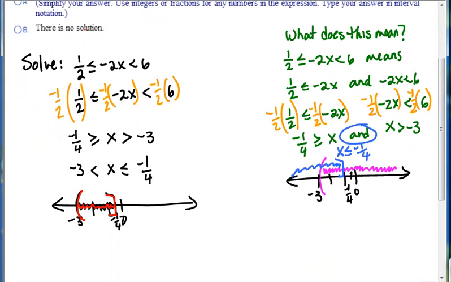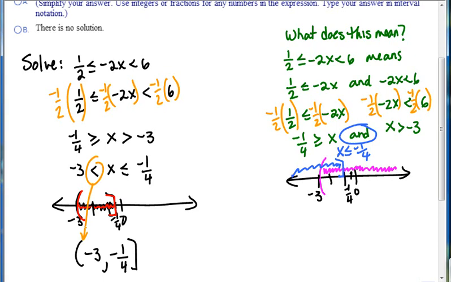And how do we write that in interval notation? Well, the answer would be, you start with left to right, so it's a parentheses, -3, comma, to -1/4, and a bracket. Again, parentheses stands for the open, right?